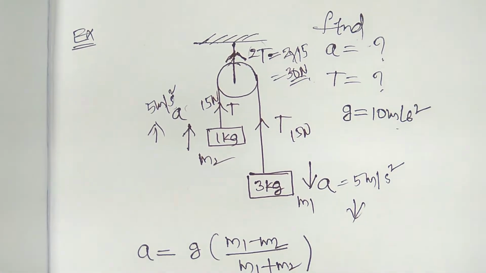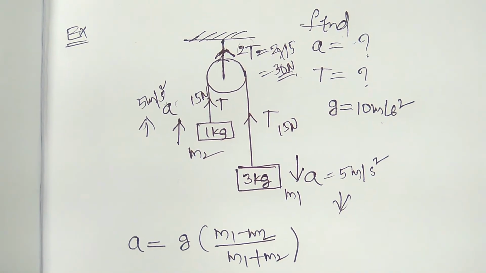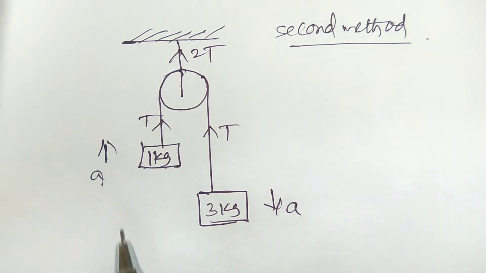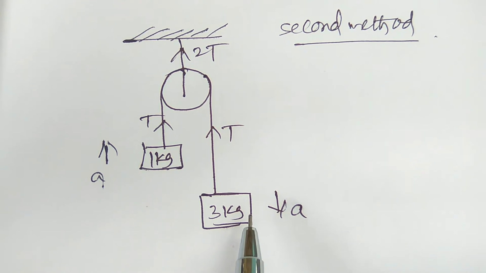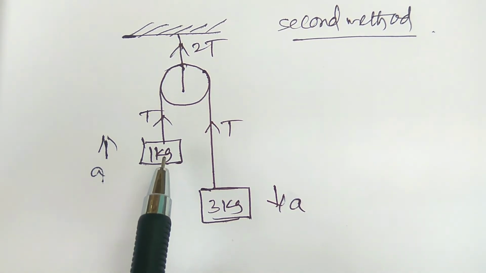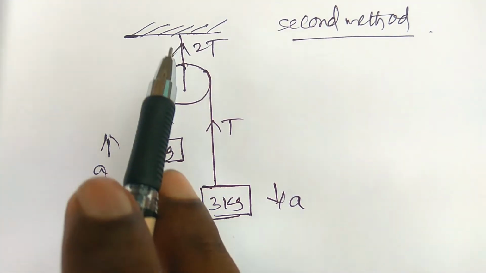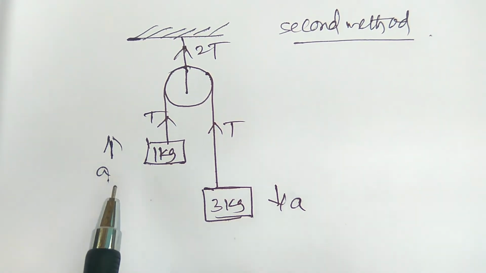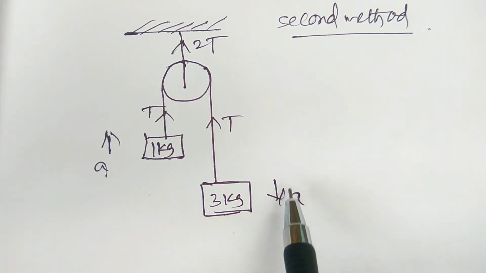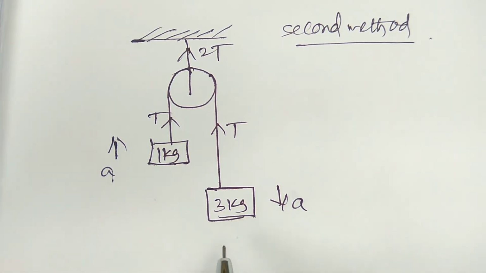In another way, here there is an Atwood machine having a 3 kg block and a 1 kg block, and the tension T acts in the same pattern. The acceleration is drawn in this direction. For the first block, the weight is 3g acting downwards, and for the other it is 1g acting downwards.